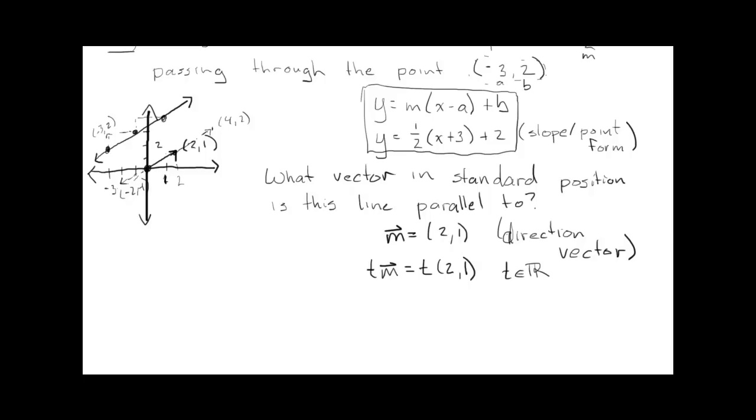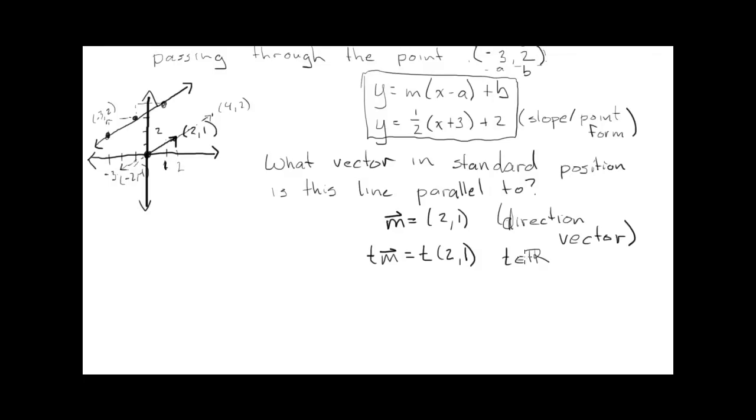Okay, so that's your direction vector. This is going to form part of our new equation for the line. T times this vector 2, 1 gives us all the vectors along this line. The problem is we're not talking about this line that goes to the origin. We're talking about this line that's up here. So what we're going to do is reposition this vector.